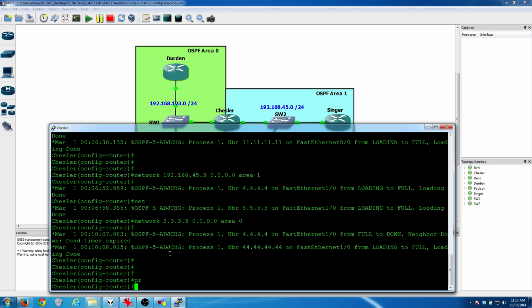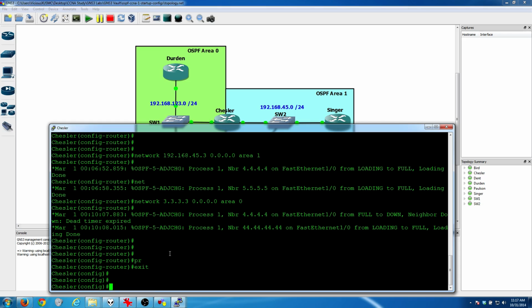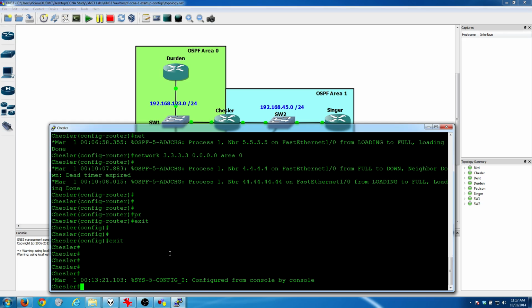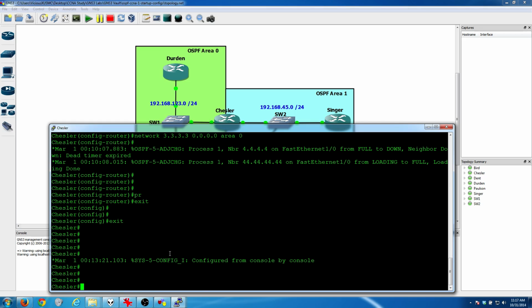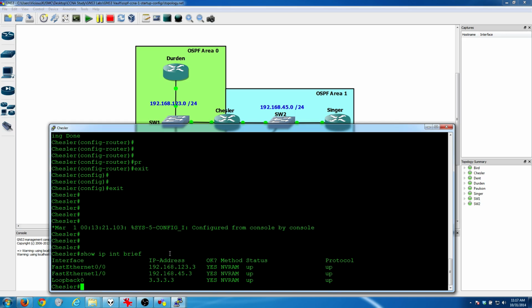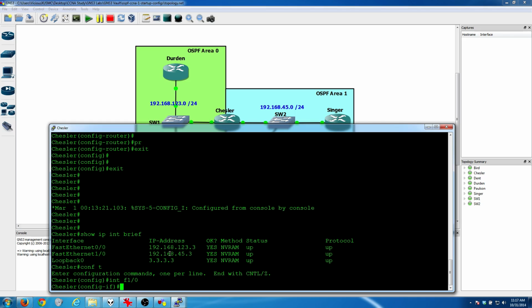It's actually going to be on the interface, if I'm not mistaken. This is why I'm teaching you guys, because I can learn while I go. So let's see, we're looking at FastEthernet 1/0, so interface FastEthernet, ip ospf priority.